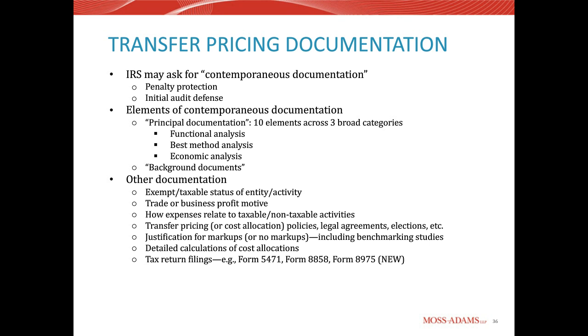Obviously, we want to know the taxable status of each entity, the trade or purpose, what transfer pricing was done, and then also there are other tax filings that one must keep up with: 5471, Form 8858, and the new Form 8975, which is country-by-country reporting, which Paul will cover in the next slide.